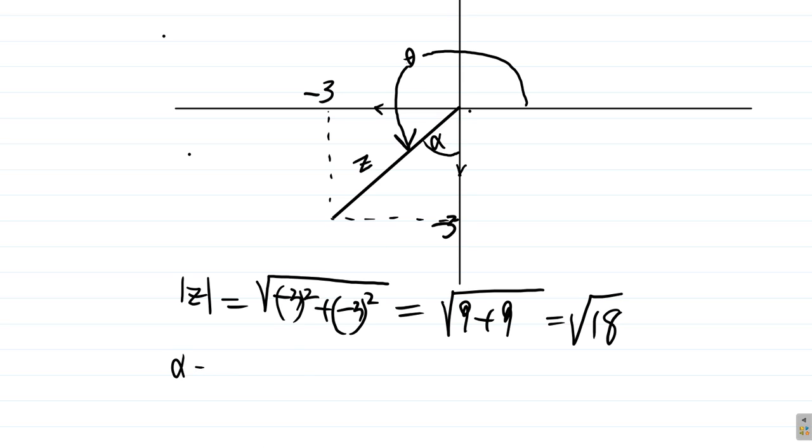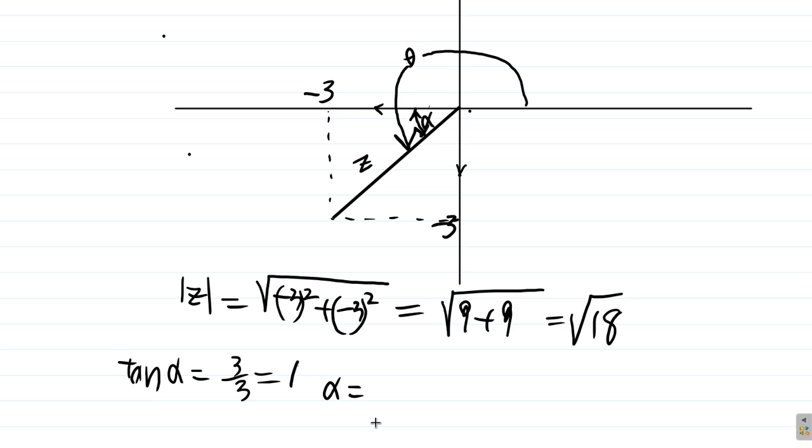This is the angle alpha. Now tan alpha is the opposite over the adjacent, in this case 3 over 3, which is 1.